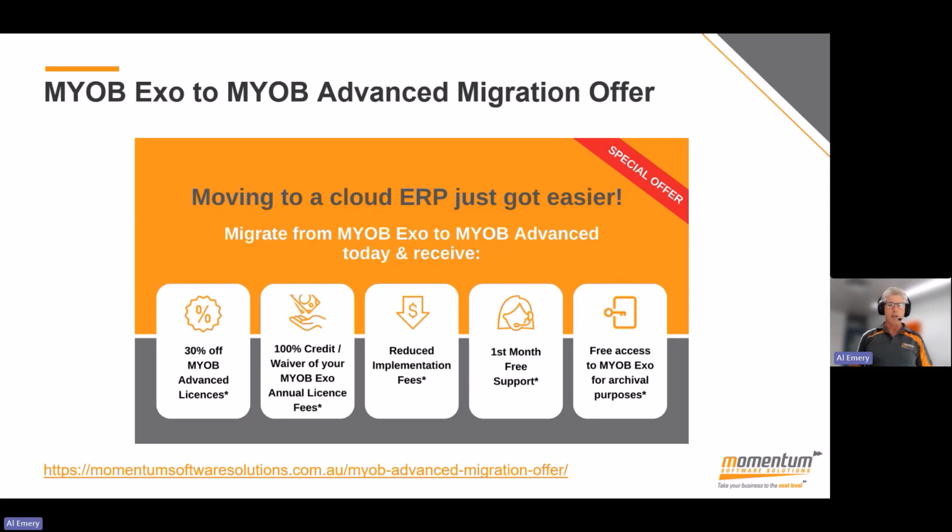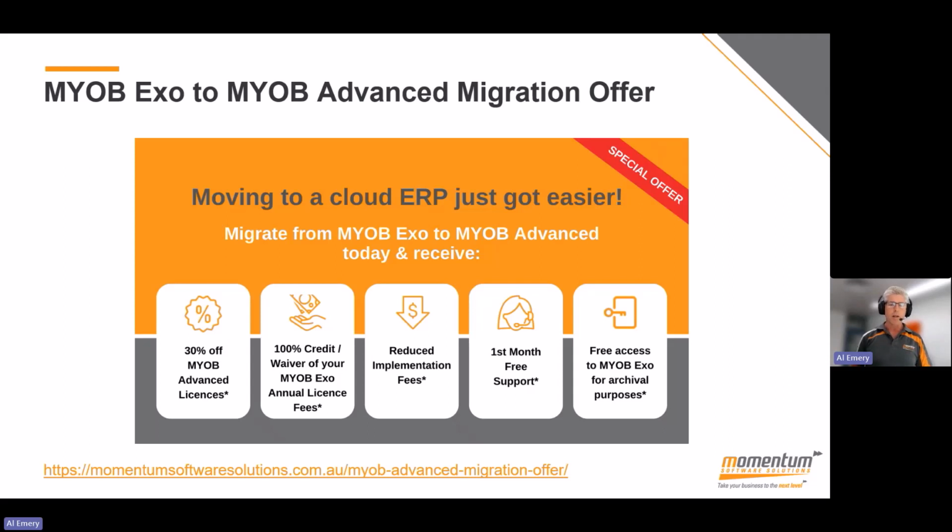So the migration offer is a commercial offer that MYOB and Momentum have been working on. It involves reduced cost for customers to be able to make that change. The first part is that the MYOB Advanced licenses, there's a discount offer of 30% for your first year of subscription fees.